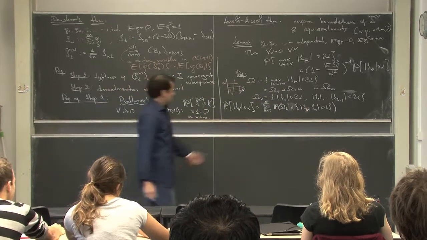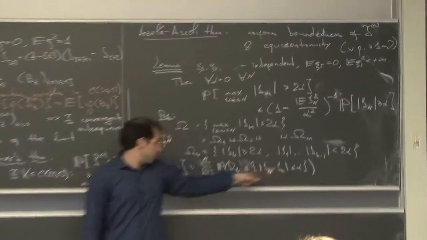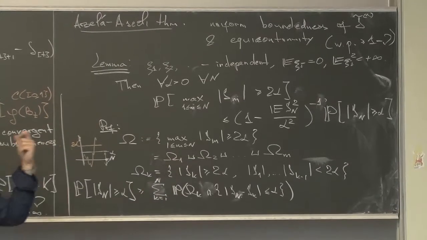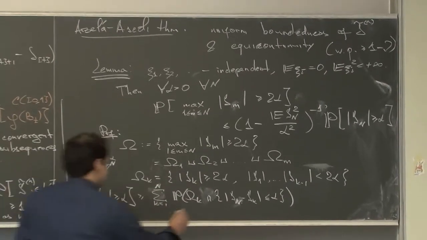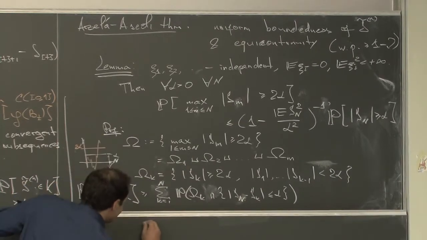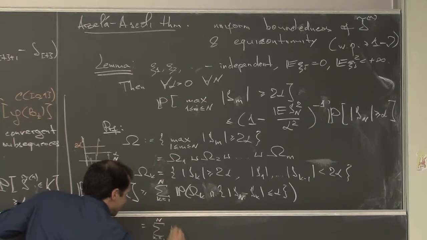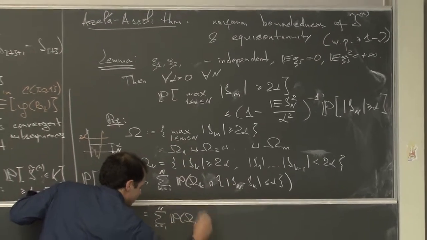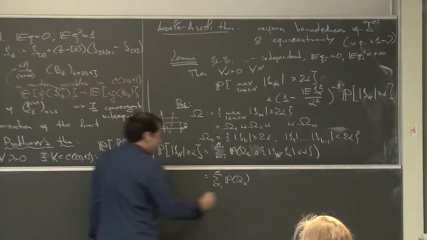Okay. Now what I use is independence. This and that are independent, because this depends only on the first k variables, and the latter depends on the rest. Okay, so this is basically, don't worry, it's going to be short. I mean, I need just one line. So this is just the product of probabilities.